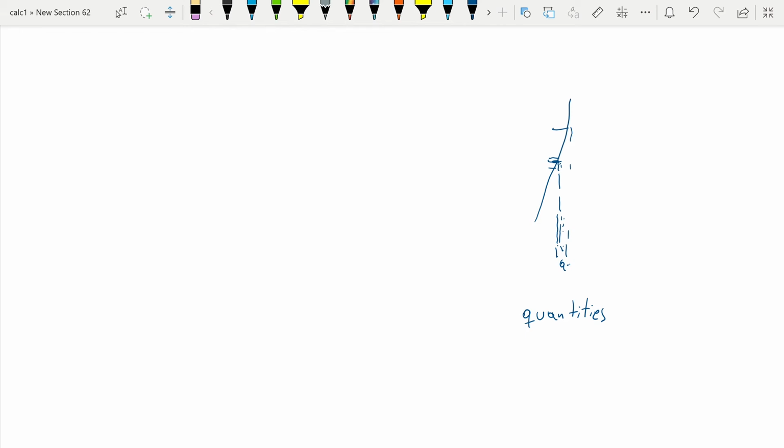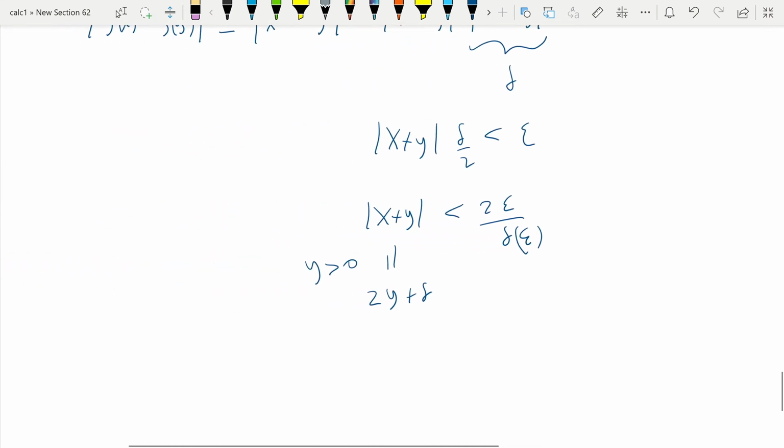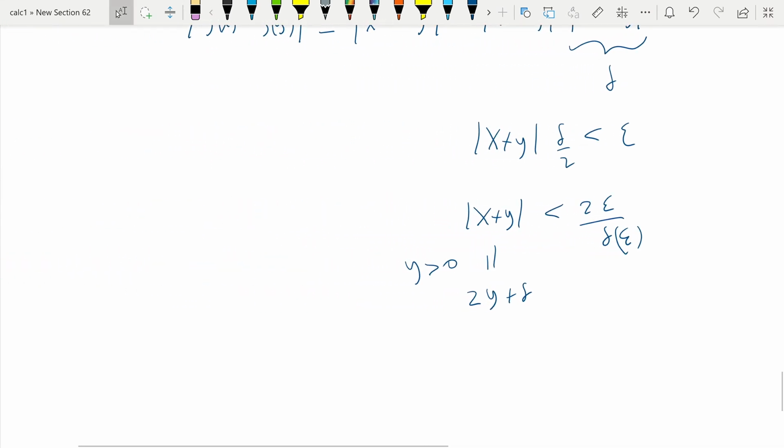But if you restrict yourself to a compact set, then these neighborhoods are going to get smaller at the endpoint. And in fact, this is common for all continuous functions. I mean, not the fact that you have to choose things at the endpoint, but there's going to be a smallest delta.